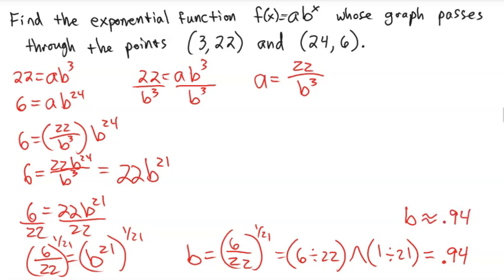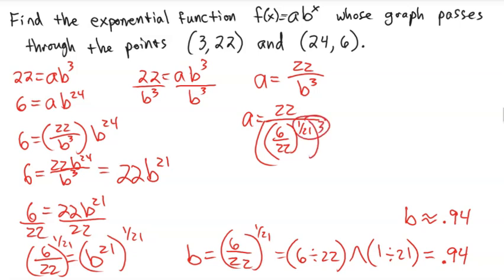Okay? All right. Now we're going to come up here and we're going to find a. So a is equal to 22 over b to the third power. Now be careful here. What I want to do is put in 6 over 22 to the 1 over 21 power, and then I'm going to raise that to the third power.